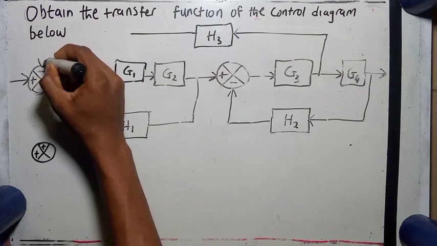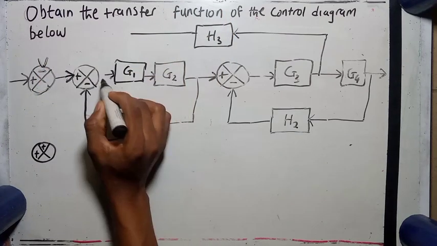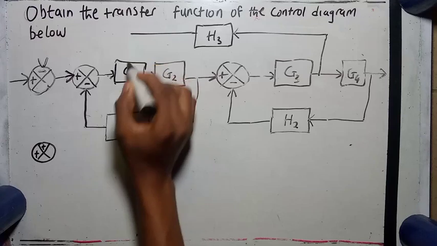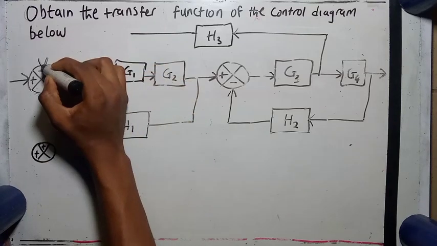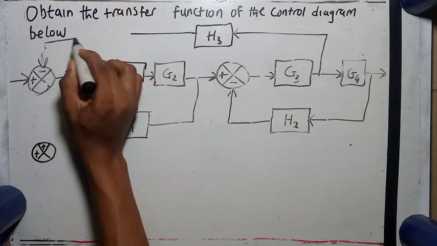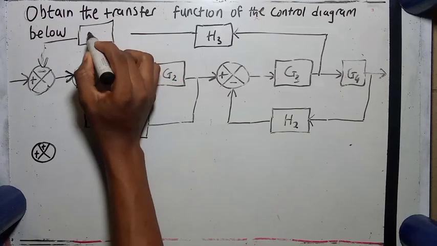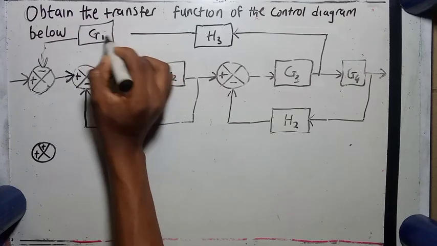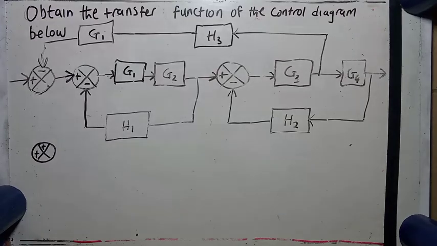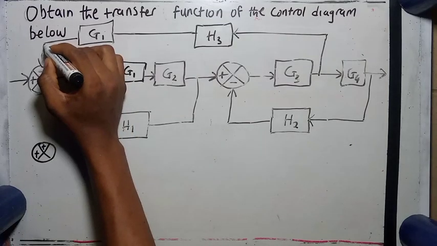Now we are going to be introducing this transfer function that we just passed, which is what? G1. So that particular transfer function that you shifted is the one you're going to be introducing.